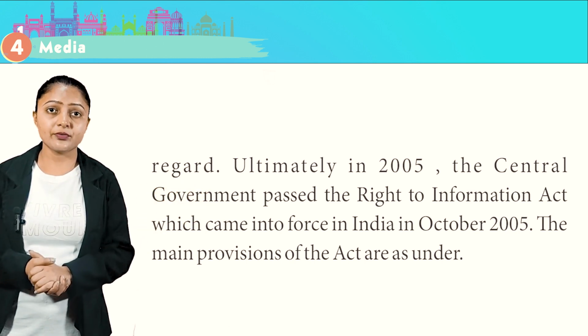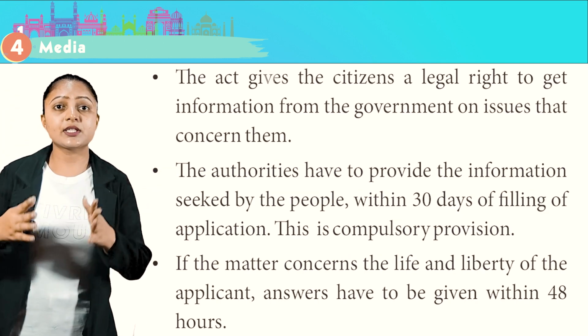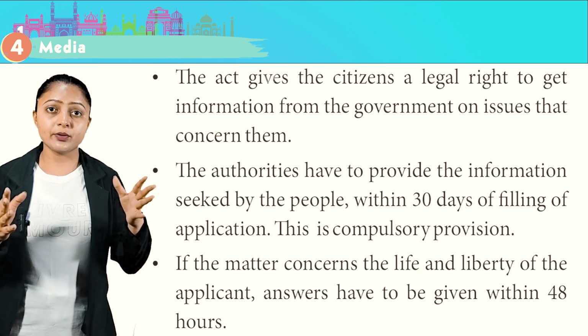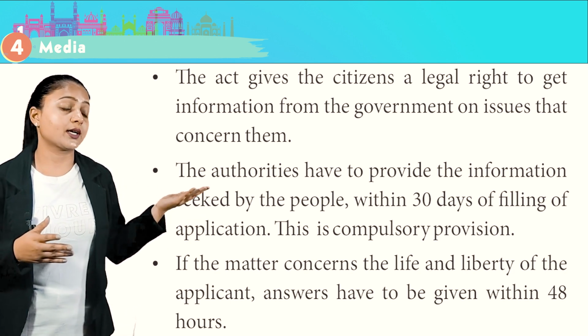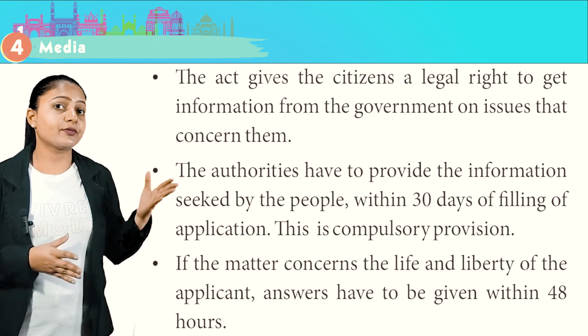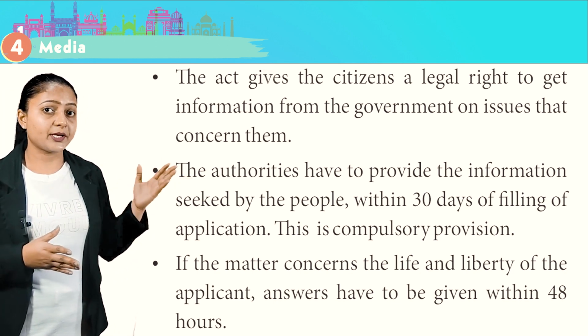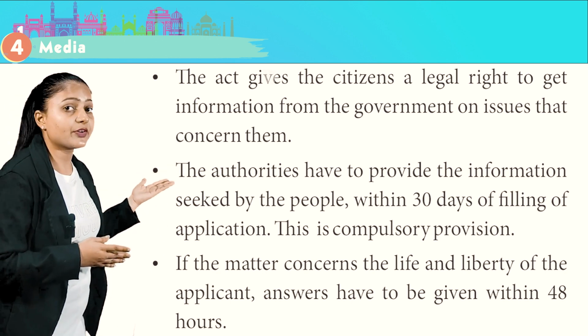The main provisions of the act are as under. First, the act gives the citizens a legal right to get information from the government on issues that concern them. The authorities have to provide the information sought by the people within 30 days of filing of application. This is a compulsory provision.